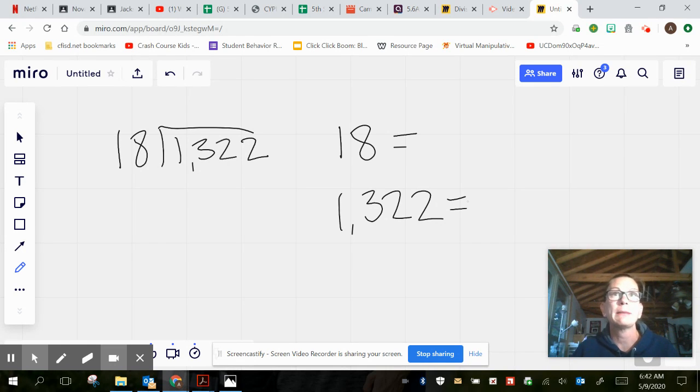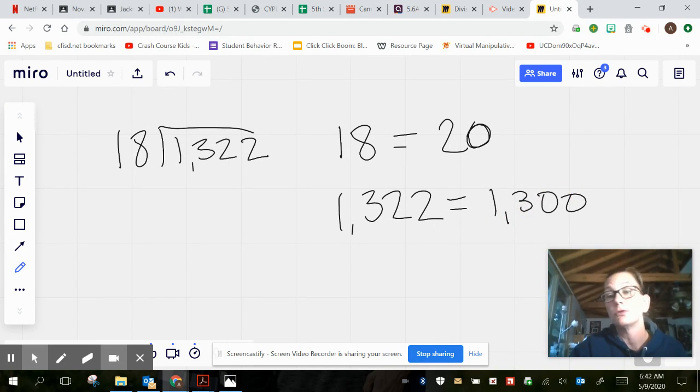18. When you think about 18, what's the closest number you think of? 20. 20 is an easy number to work with. Okay, and then when we've got 1,322, I think 1,300. That is super duper easy.